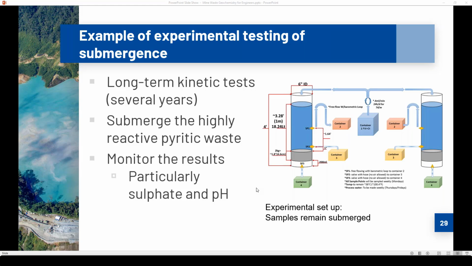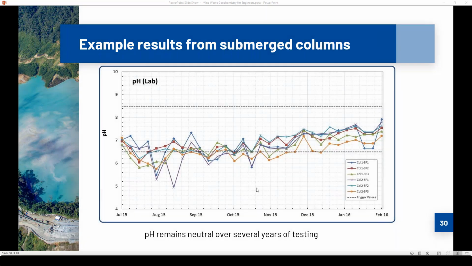The important bit there is that those remain submerged. What we can see here from the lab results, and this is just an example, is through those different columns, and you can see we had different sampling ports in those. Over the period of several years of testing, we were able to maintain in the lab a very neutral pH, and actually over time, the pH started increasing.